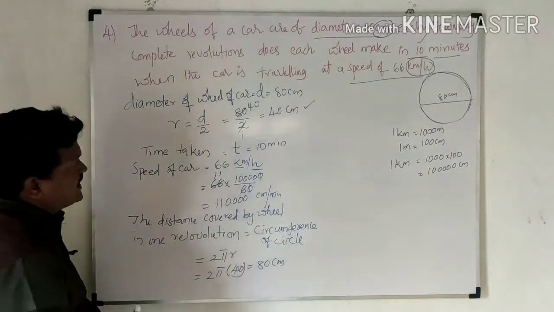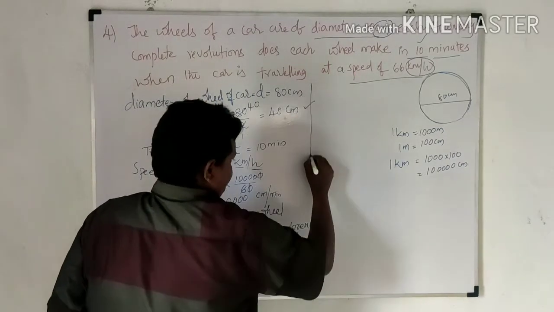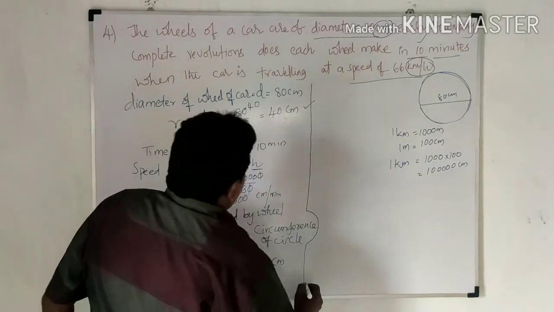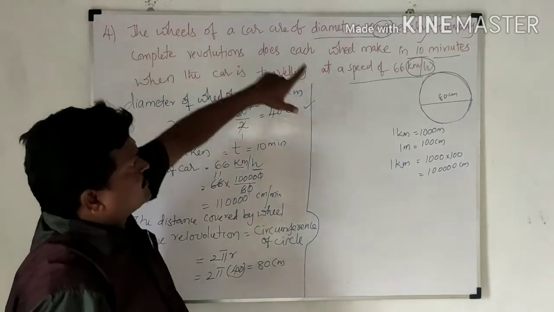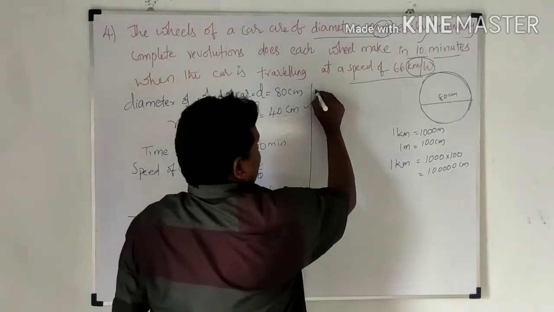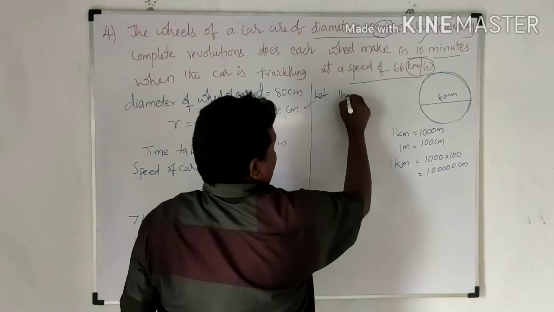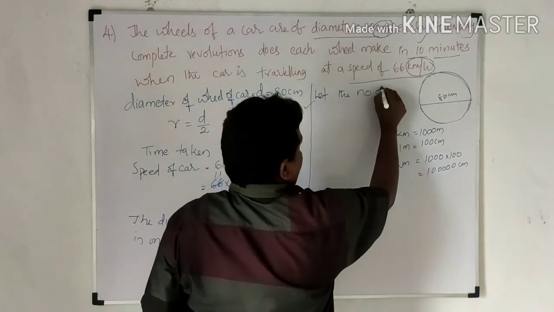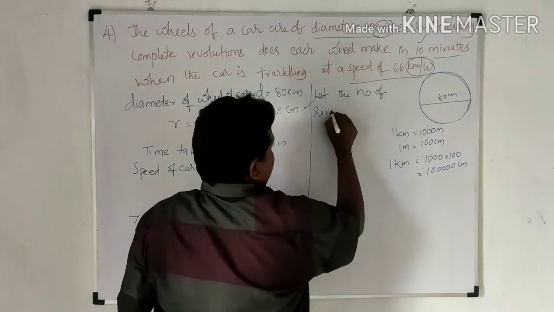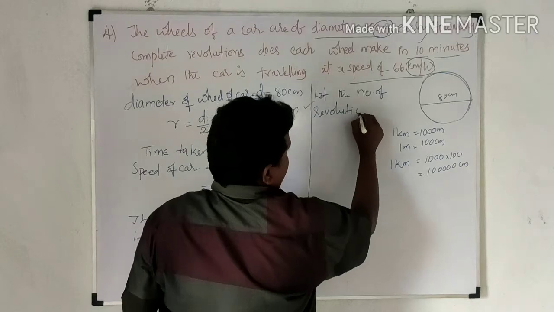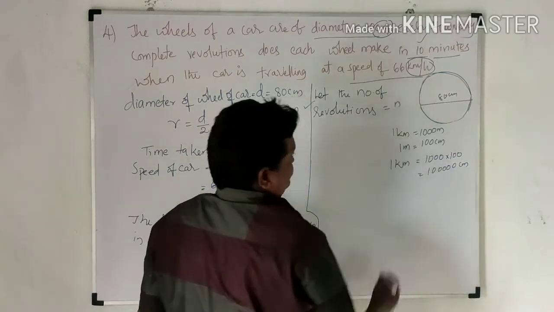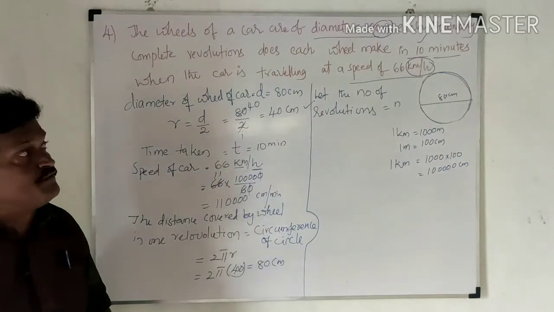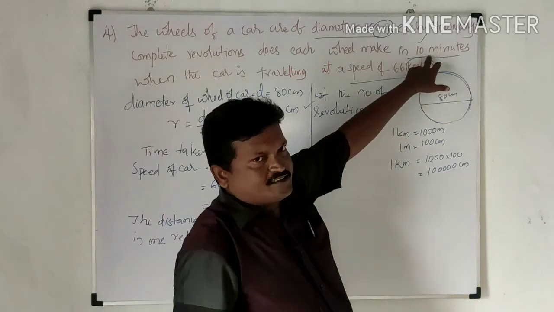But we have to find the number of revolutions. So let the number of revolutions be equal to n. We don't know how many revolutions it will take in 10 minutes.